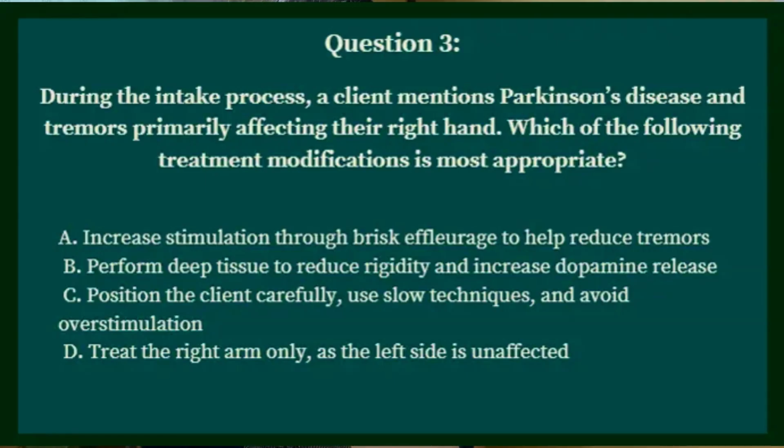Deep tissue can increase dopamine sometimes, but that's not its primary thing. It's like a side effect that dopamine might increase, but mostly dopamine increase happens just from the relaxation response. C, position the client carefully, use slow techniques, and avoid overstimulation. I like C. That one looks the best.